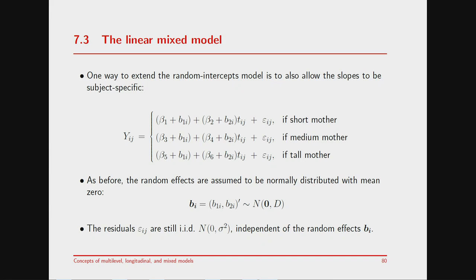So the B1I is the subject-specific intercept, so that still represents how the intercept of the child differs from the average intercept in the group to which that child belongs. And then the slope, B2I, will tell you how the slope of the ith child differs from the average slope in the group to which that child belongs. So suddenly, the picture would then become like this.